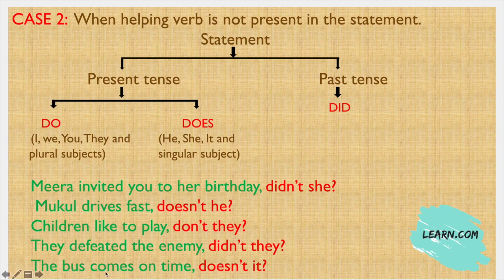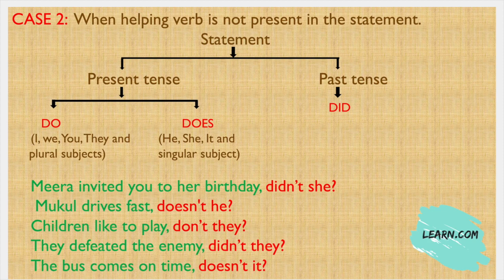Comes, again, the verb is ending with s or es. Present tense. So for present tense, we have to use either do or does. Now here what pronoun do we have? It, and it falls under does. So we have to use does as the helping verb and it as the pronoun. Since the sentence is positive, the tag is negative. Doesn't it? Fine.